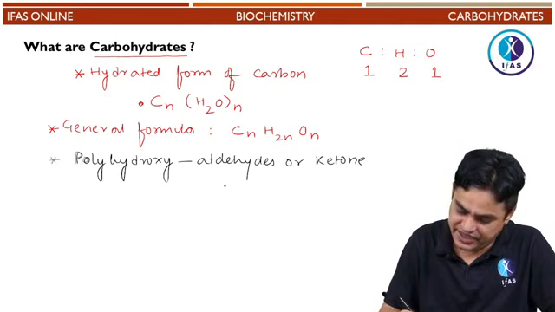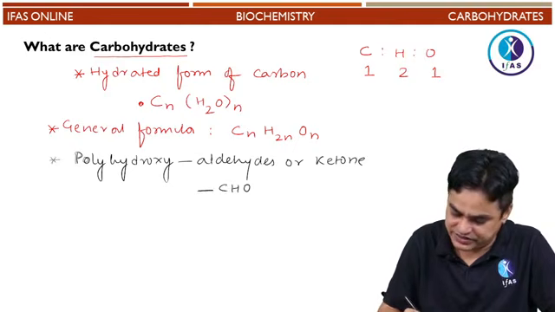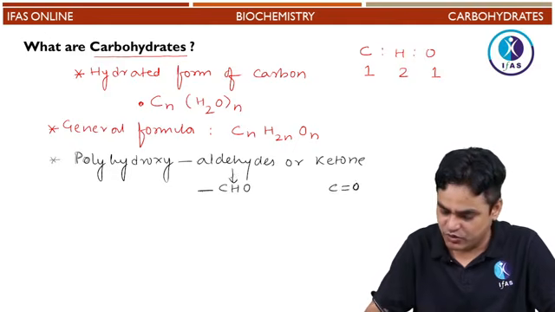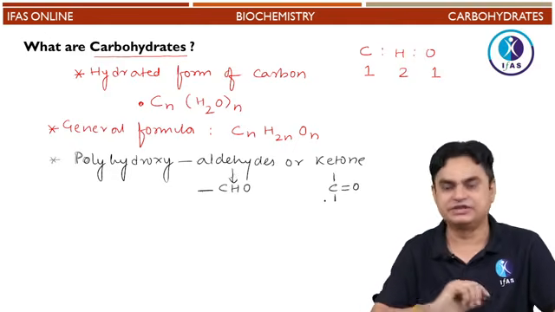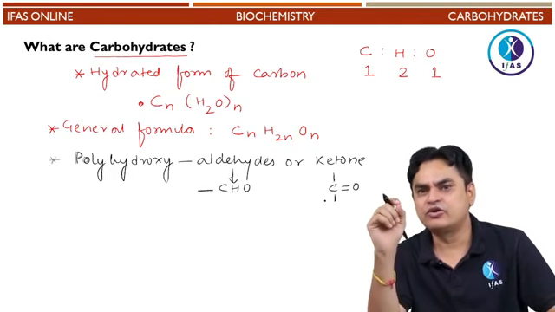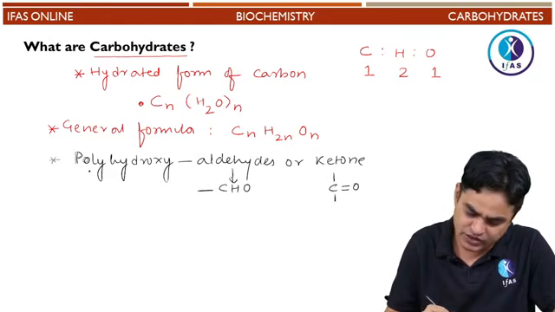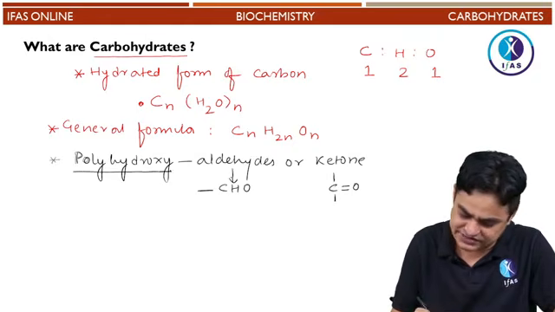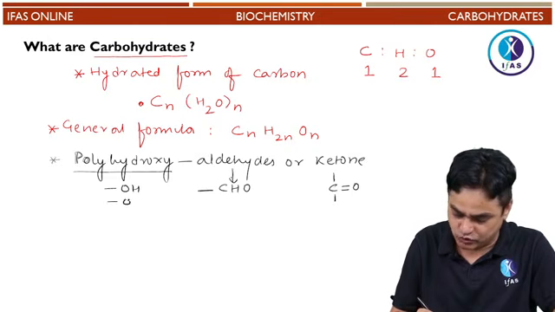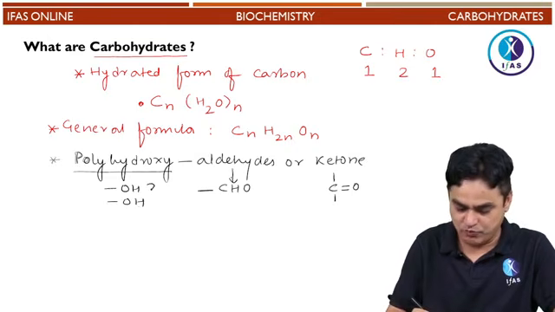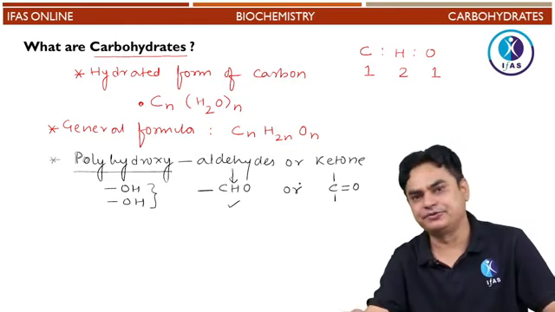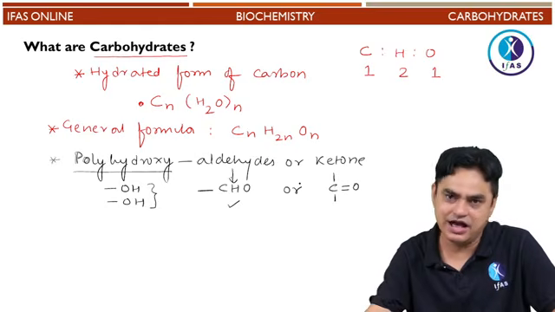Means they have either a CHO group, which is referred to as aldehyde, or they have a C double bond O group, which is referred to as ketone. But they are not simple aldehydes or simple ketones. One more condition has to be fulfilled, that is the presence of more than one OH group. So polyhydroxy, either aldehyde or ketone, they are referred to as carbohydrates.